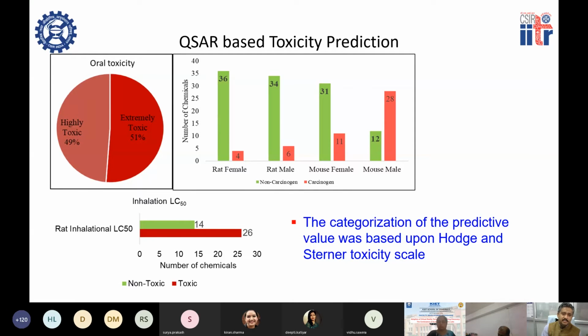You can also see how the same chemicals perform in various in vivo model systems like rat and mouse. Computational models are available for this, and some of the models are really good and you can use them. We used the rat inhalational LC50 values and others from the National Toxicological Portal, and that gives a category of the compounds which are going to impact in terms of toxicity.